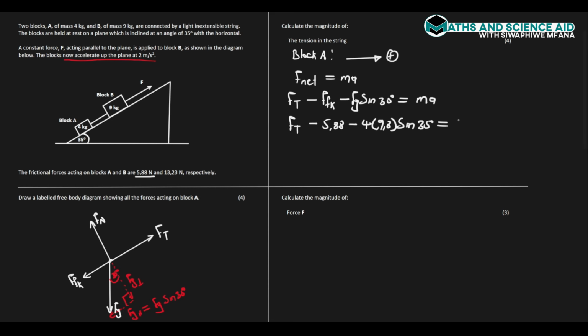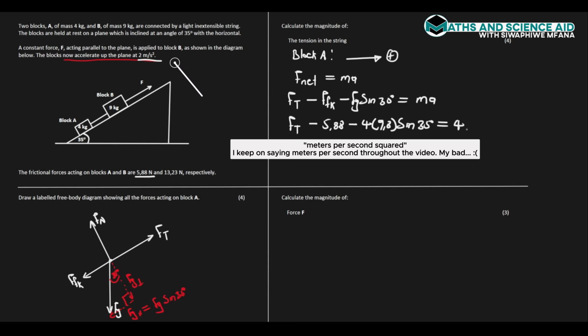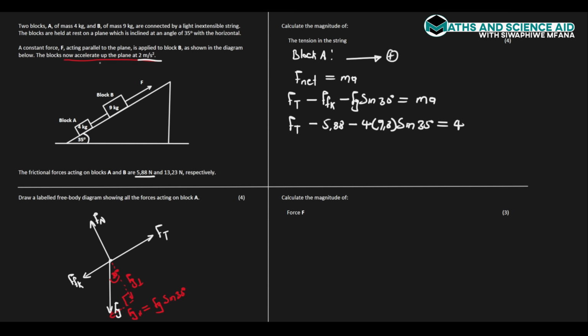And this is equal to the mass of 4 kilograms multiplied by the acceleration of this system of blocks, which we were told is equal to 2 meters per second squared. And we're told that these blocks are accelerating up the plane, meaning that this acceleration is going to be positive.